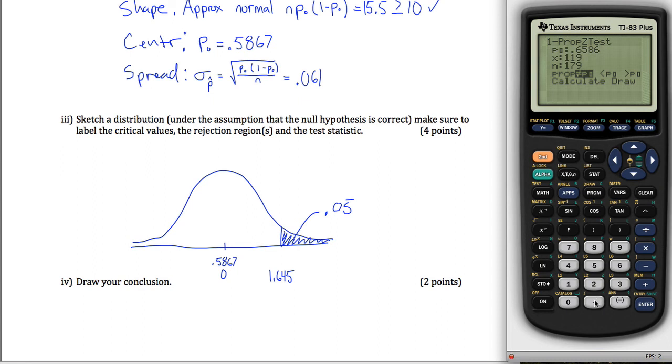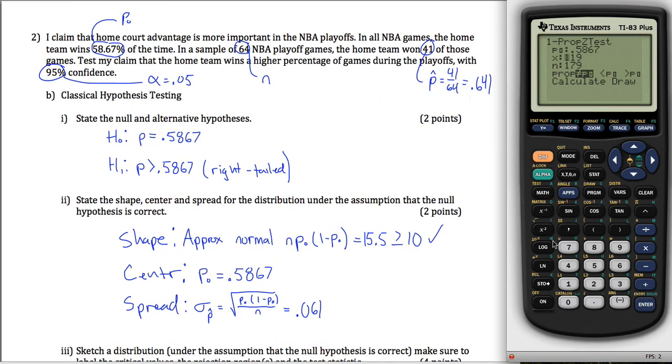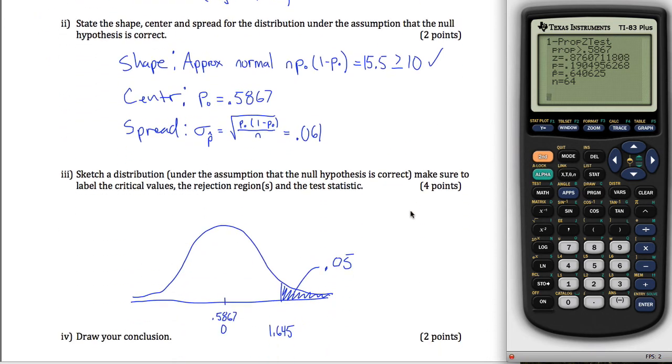P naught is 0.5867. X, which is the top of this fraction here, is 41. N is 64. And my alternative hypothesis is that P is greater than P naught. That's what this says right here. Now if I go down to calculate, I get a test statistic of 0.876.